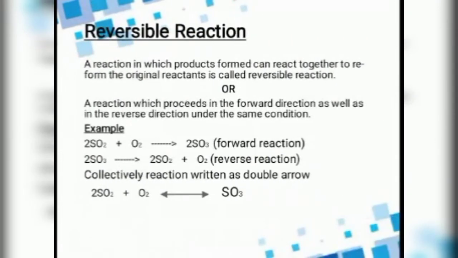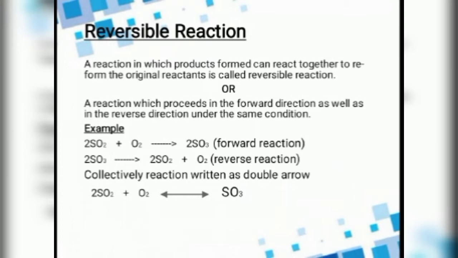The second one is the reversible reaction. As the name indicates, this reaction can be reversed. This is a reaction in which the product which is formed by the combination of reactants can also recombine or decompose and be converted back into reactants. Or we can also say that it is a reaction which proceeds in both directions, forward as well as reverse.